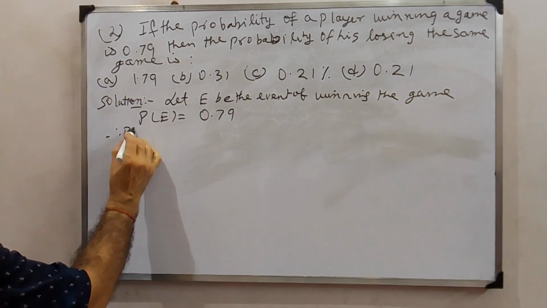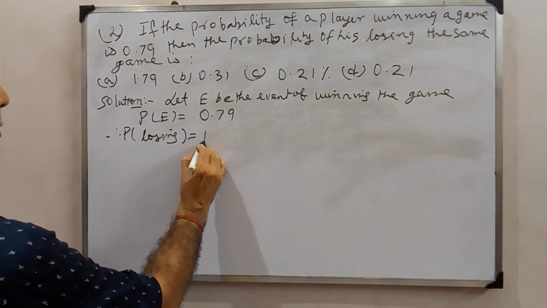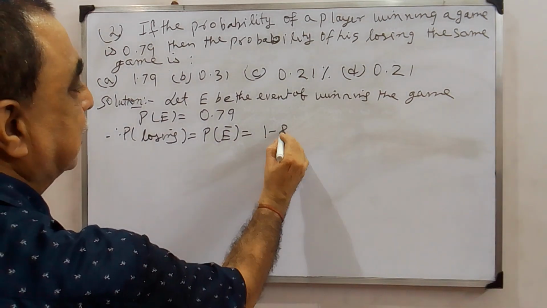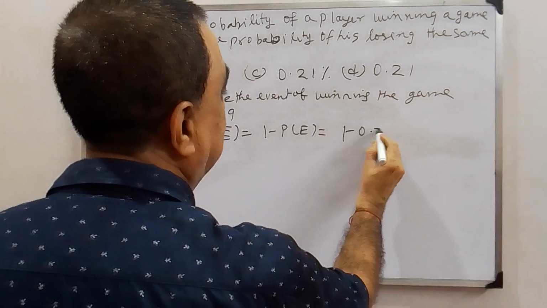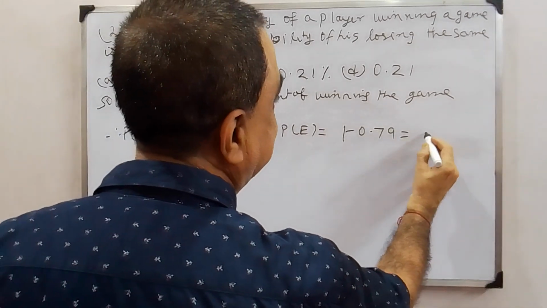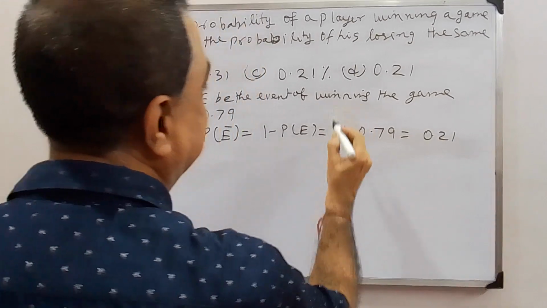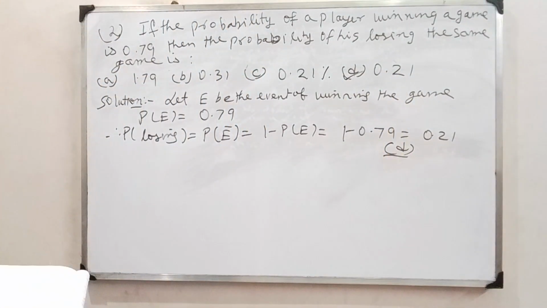So the probability of losing, which means P(E dash), is equal to 1 minus P(E). So that is 1 minus 0.79, which is 0.21. So the correct choice is D. So the answer is D. This is the correct choice.